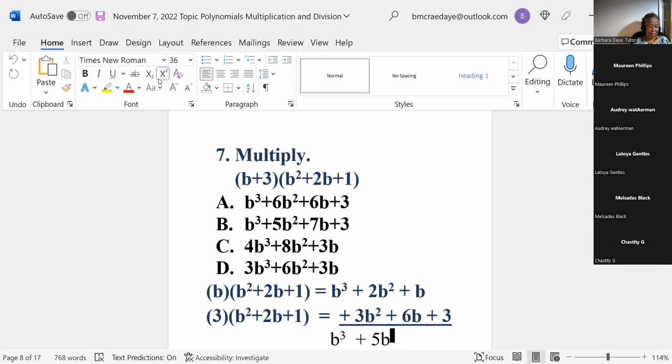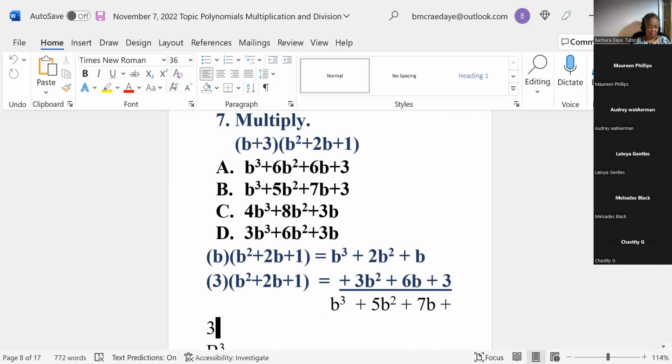And what's 6B plus 1B? 7B. And of course, we only had the constant 3 in one place, so 3 plus 0 is just 3. So the answer is... Now let me just bring that over so it's all together.